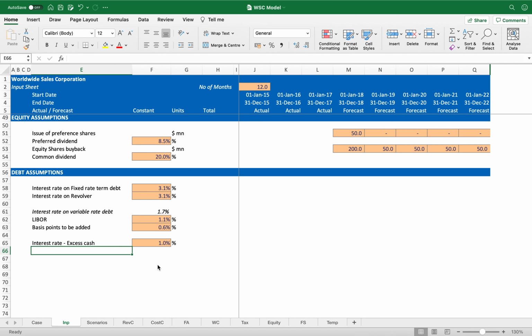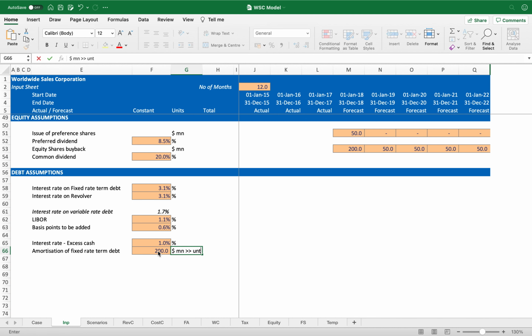And it was further given amortization of fixed rate term debt, it was 200 million until repaid, and amortization of variable rate debt, 30 million until repaid.